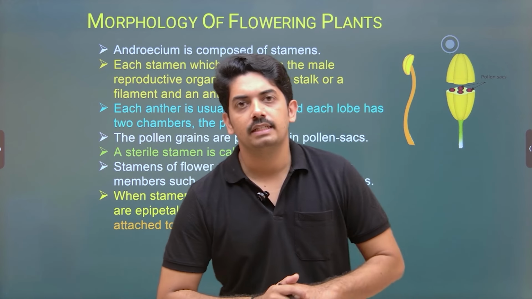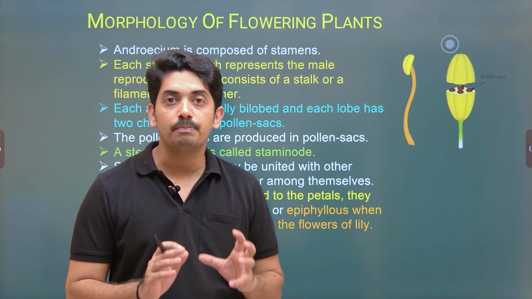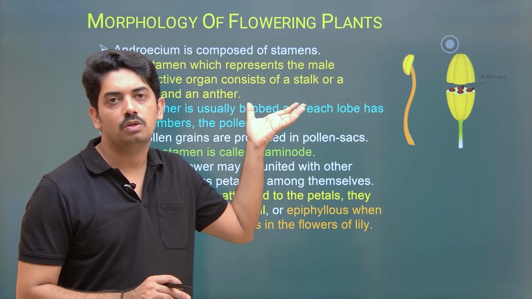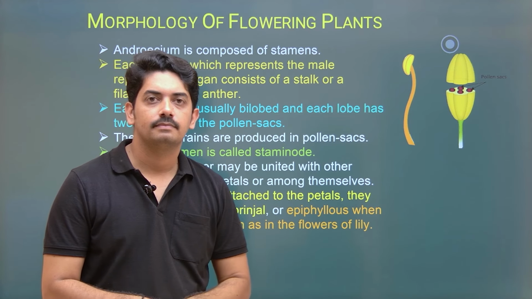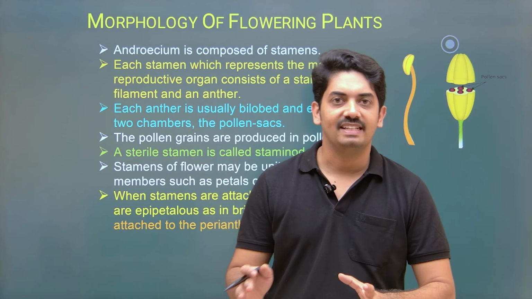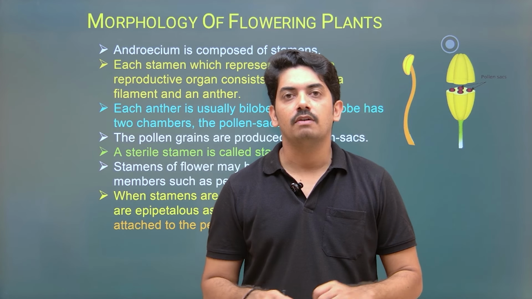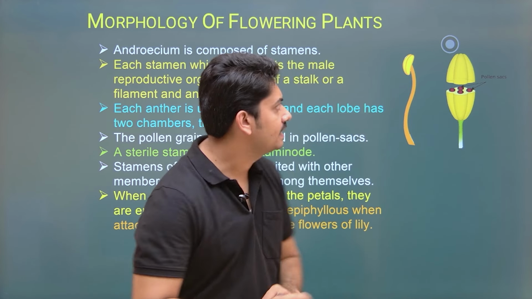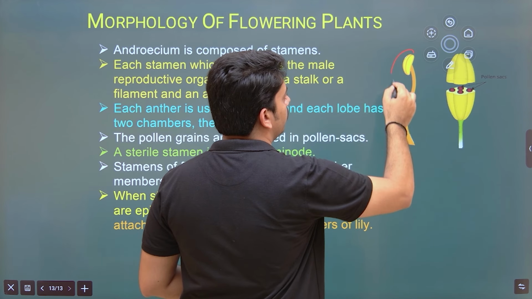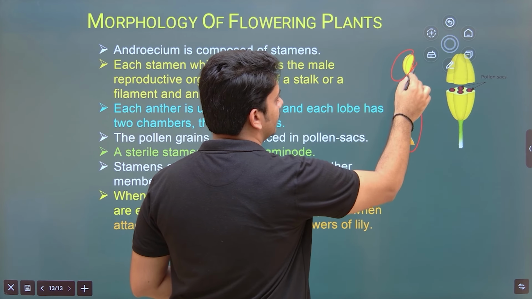Now coming to another floral whorl, a very essential reproductive whorl, the male reproductive structure, that is called Androecium. Now tell me, what do you know about Androecium? Just now I said it is a male reproductive structure. It consists of three regions: the anther lobe, the filament, and the connective.